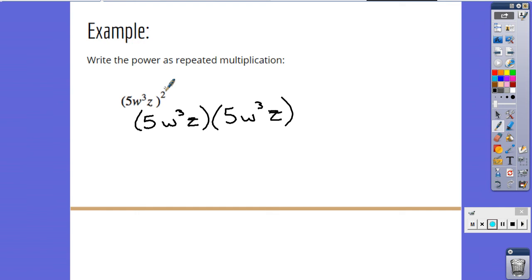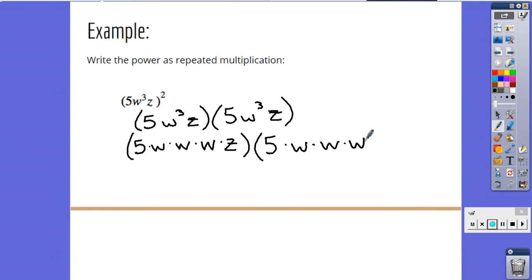If I wanted to go one step further, because I still have an exponent inside of each of the parentheses, I could write this as 5 times w times w times w times z times 5 times w times w times w times z, and now I have no exponents left whatsoever. I have used my definition to expand everything out.